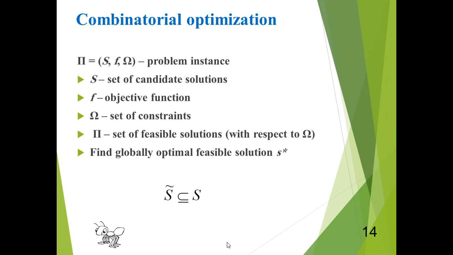S is the set of candidate solutions, f the objective function, omega the set of constraints. I is the set of feasible solutions with respect to omega. Find the globally optimal feasible solution.